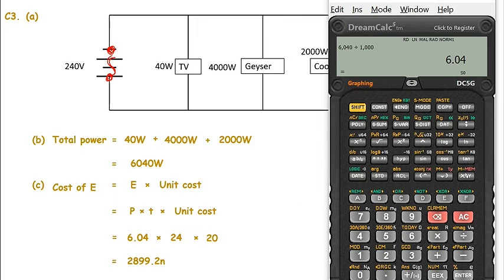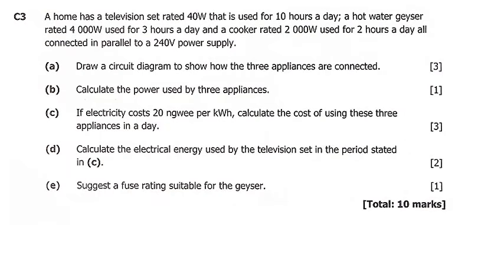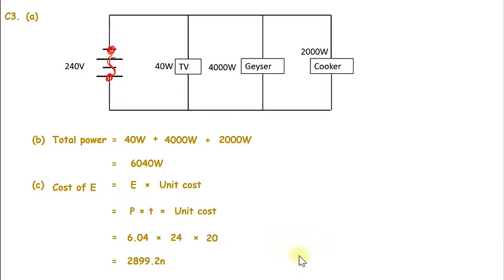Then we go to the other one, if I have not made a mistake, guys. Then we go to D. D, we are told to calculate the electrical energy used by the television set in the period stated in C. So in 24 hours, we want to find the electrical energy used by the television set. So we'll say electrical energy is equal to power times time.